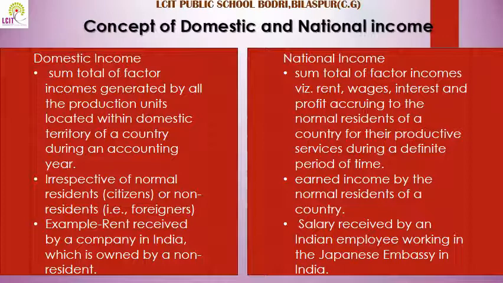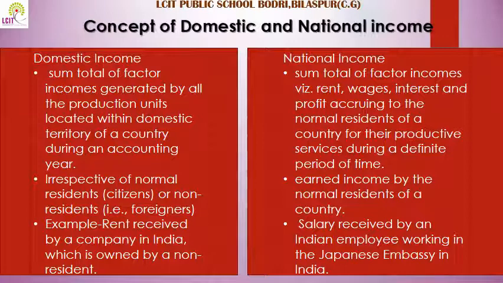Domestic income is the sum of factor income generated by all production units within the domestic territory, within the boundaries of India. Wherever and whatever production of goods and services is done will be calculated under domestic income.